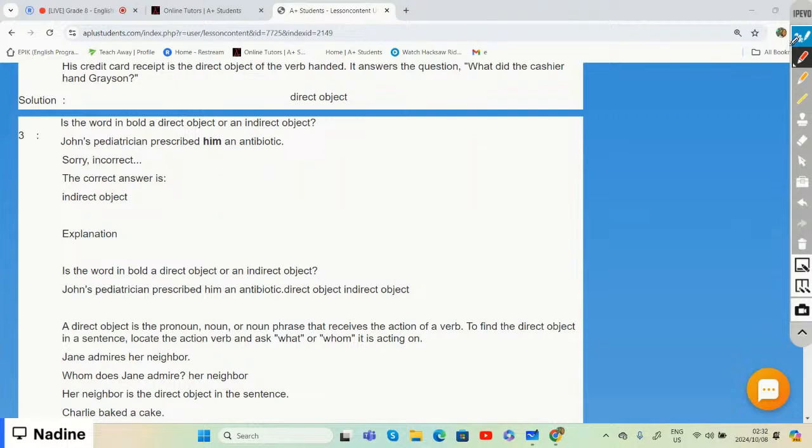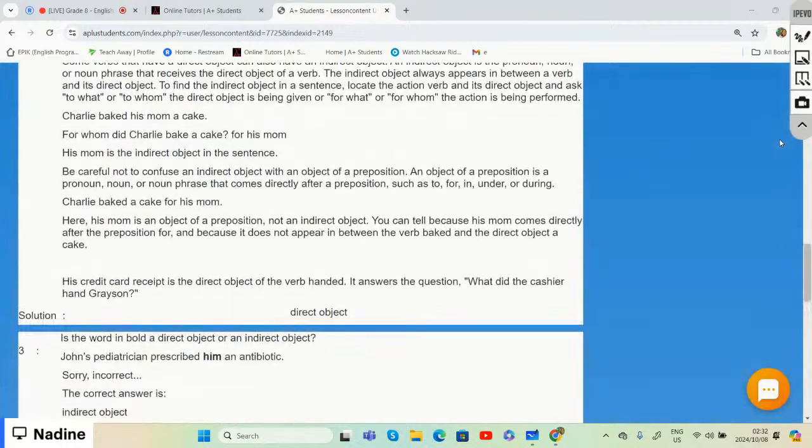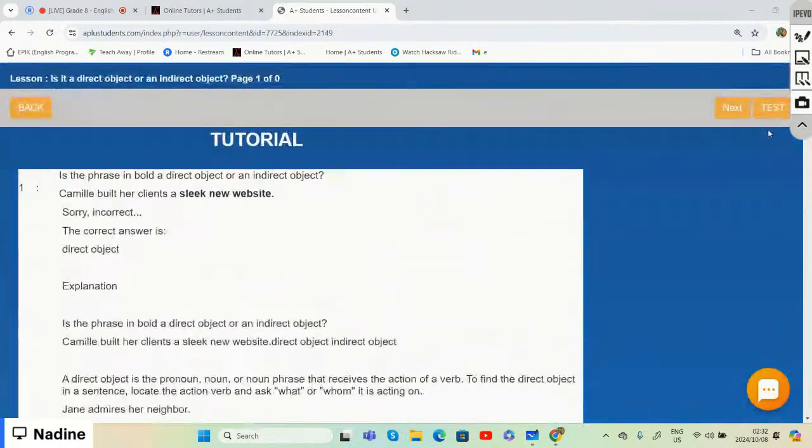All right, so now we're going on to our test where we are going to say, is it a direct object or is it an indirect object? And remember, an indirect object comes between a verb and a direct object. A direct object is a pronoun, noun, or noun phrase that receives the action of a verb.